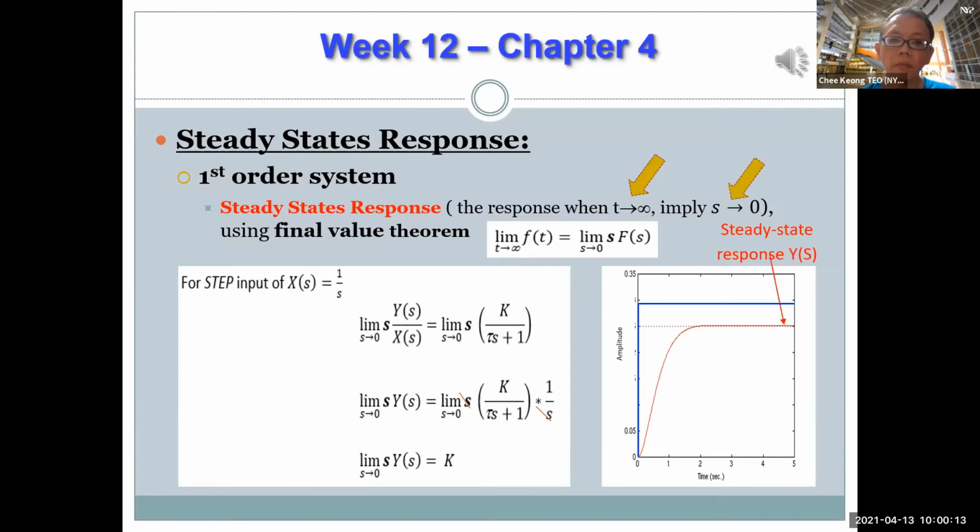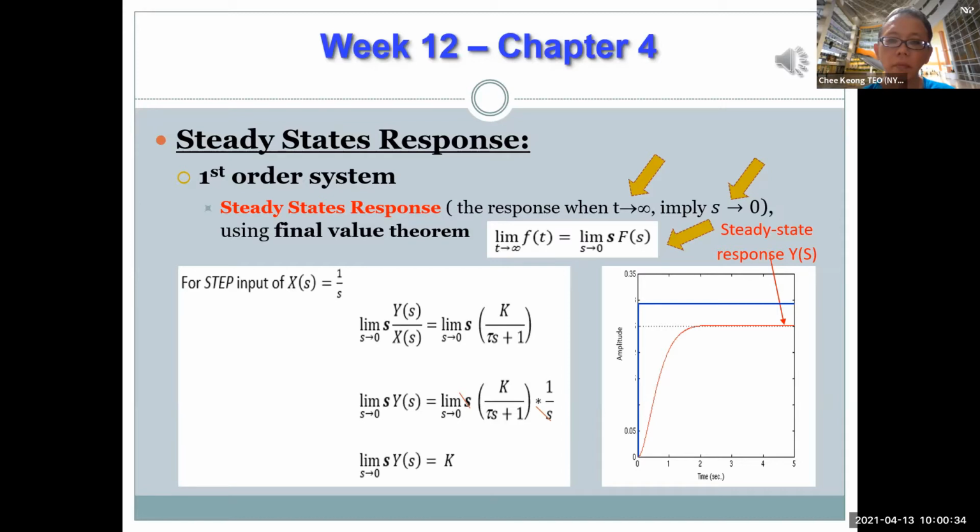Remember that time is 1 over frequency. Hence when time approaches infinity, frequency approaches 0. So to find the steady state of a system in the time domain, we let t approach infinity and see what happens to the expression.